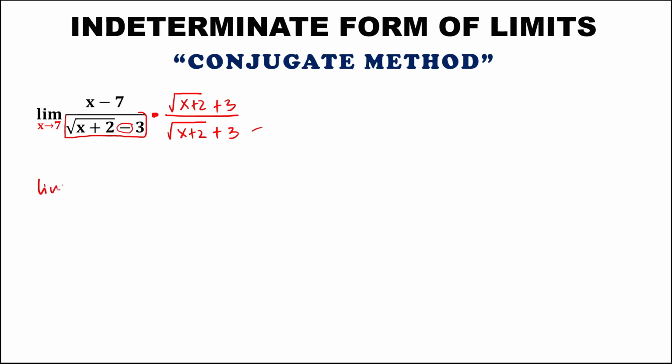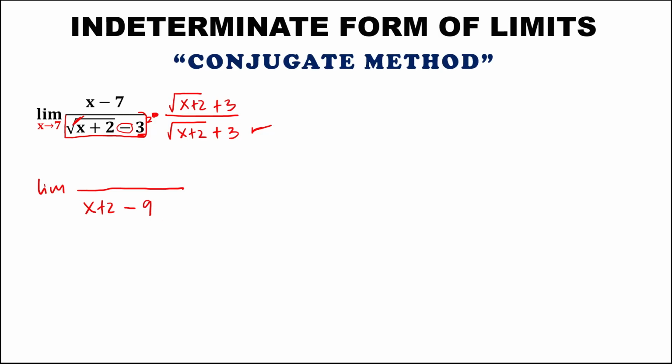Then to simplify, since we multiply this denominator by its conjugate, again cancel this radical. So this becomes x plus 2. Then this one is always minus the square of the second term. So we have 3 squared, which is 9. So this is now the denominator.